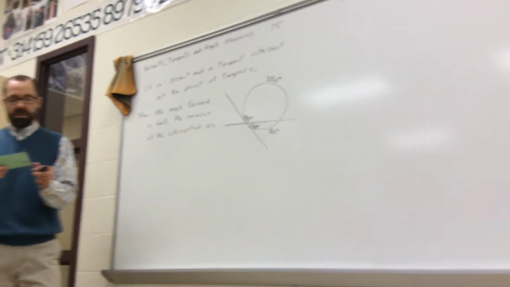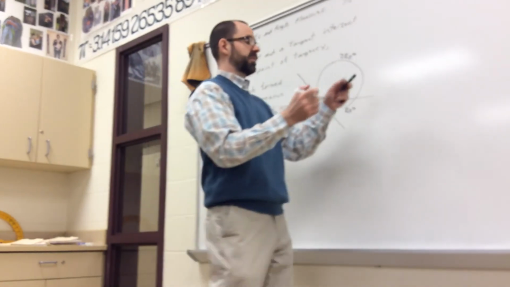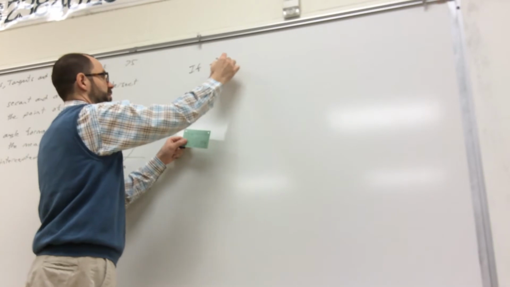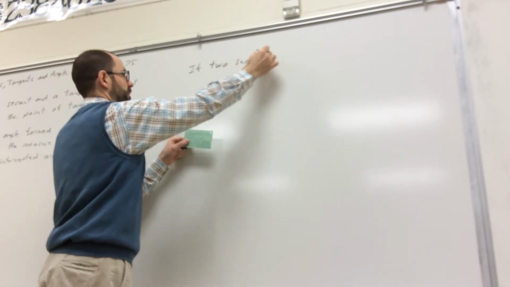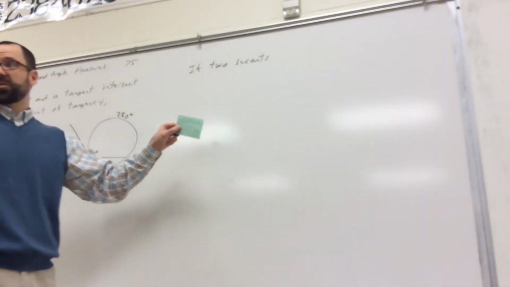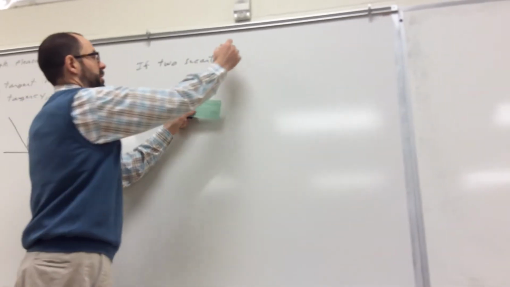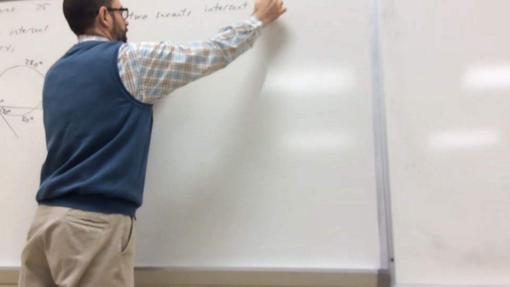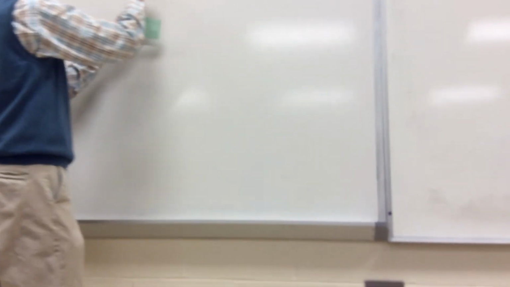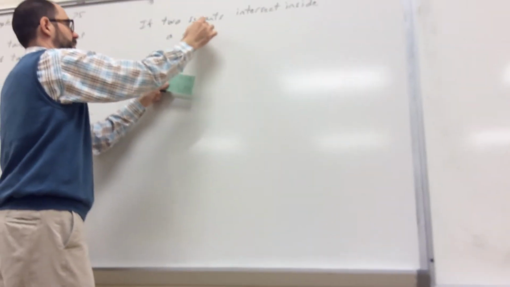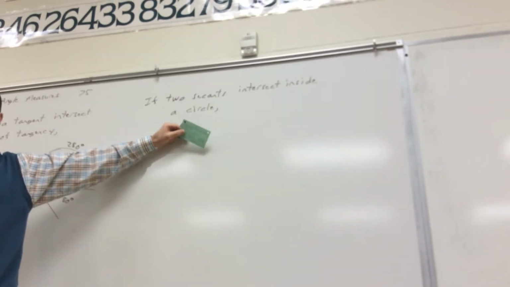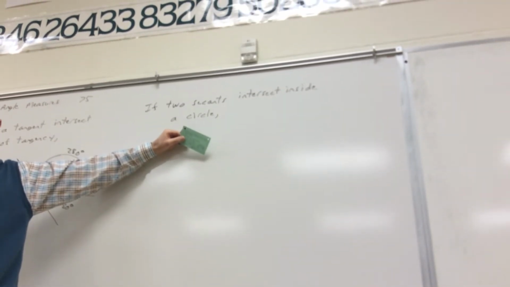Okay, next one says if two secants intersect inside a circle.